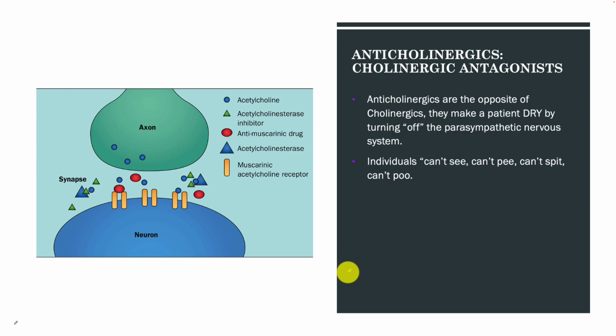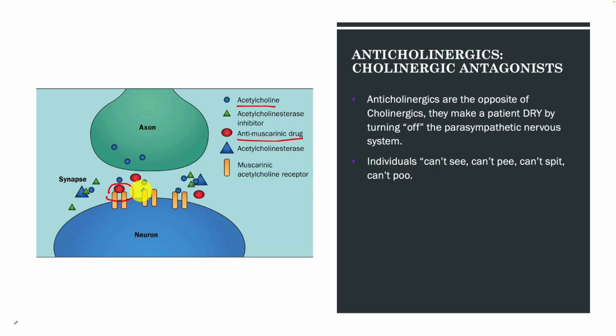And again, the same is true for an anticholinergic drug. So here's the anti-muscarinic drug. Again, that's a G-coupled protein receptor, and you can see that the neuron is secreting acetylcholine, and we have the anti-muscarinic drug binding to those receptors and competing with acetylcholine.